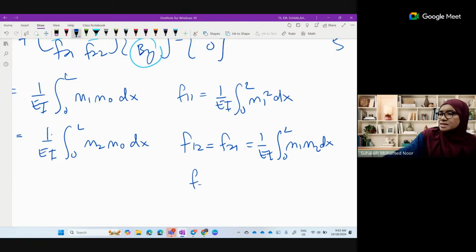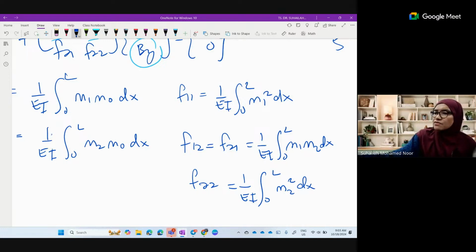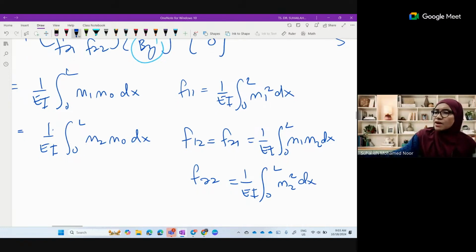And another one is F22, which is 1 over EI from 0 to L of M2 squared dx.